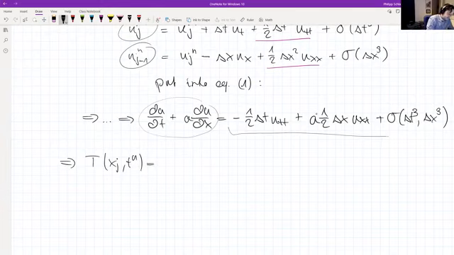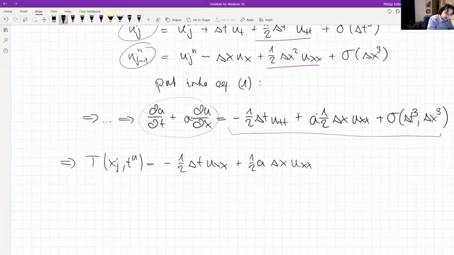So what remains is essentially this on the right side. So I get minus 1/2 delta t times u_tt plus 1/2 a times delta x times u_xx plus order delta t to the power of 2 and delta x to the power of 2.